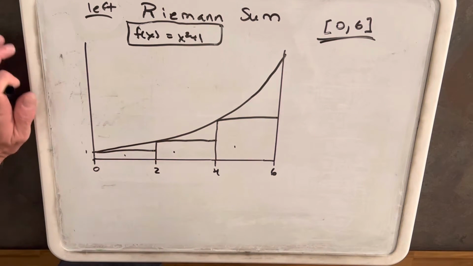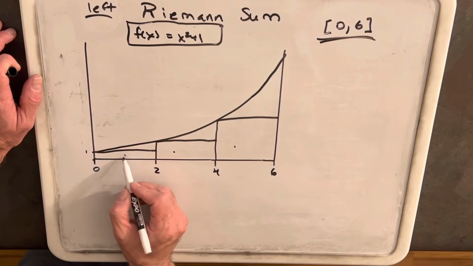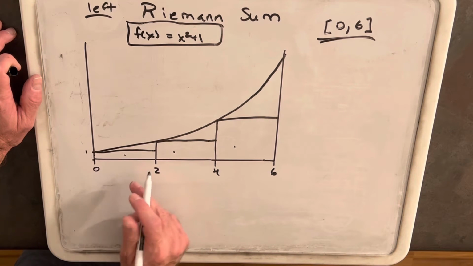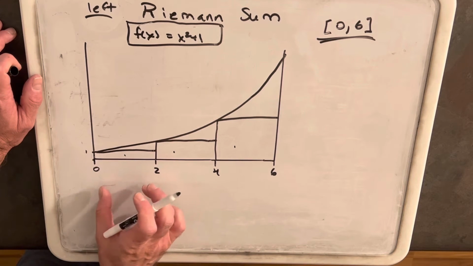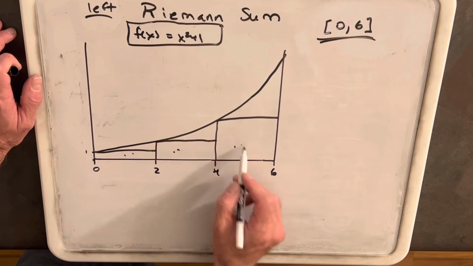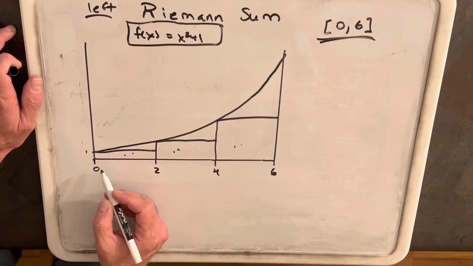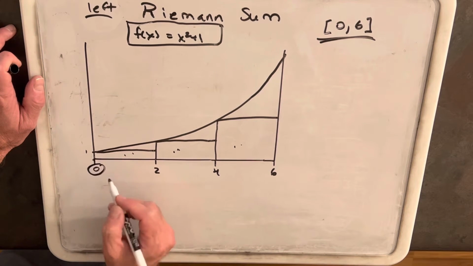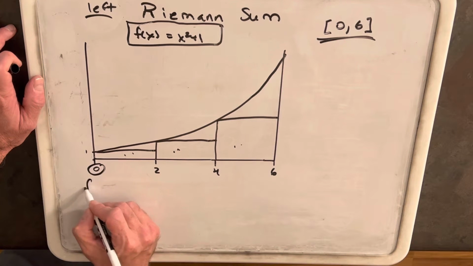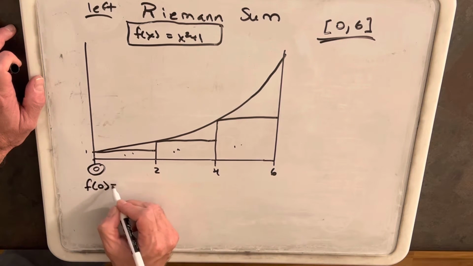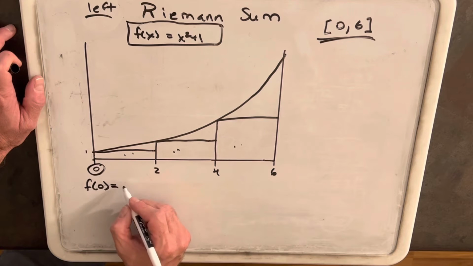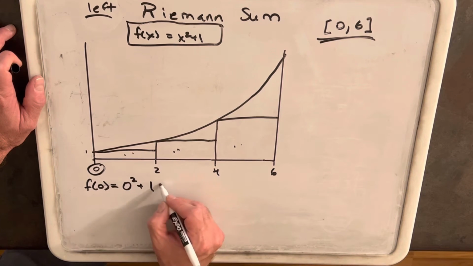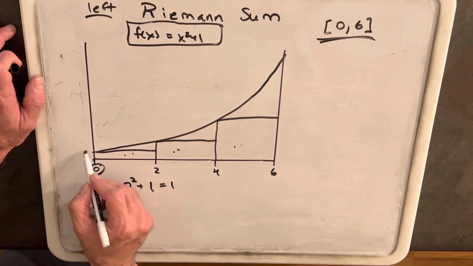So for example, our first rectangle, these are all equal width, right? They're each 2 wide. And so for the first one, we're estimating the height at the left endpoint, which is at 0. So we want to calculate f of 0. So f of 0 is going to be just 0 squared plus 1, and so that's going to give us a height of 1.